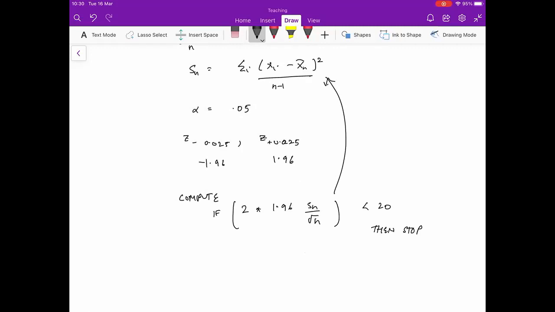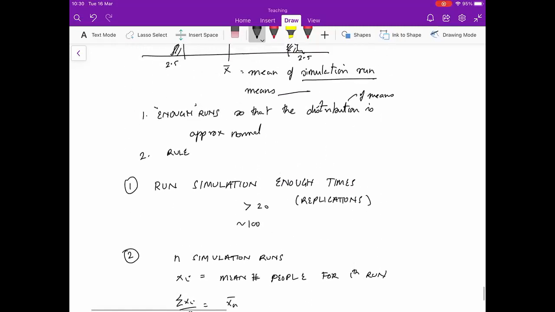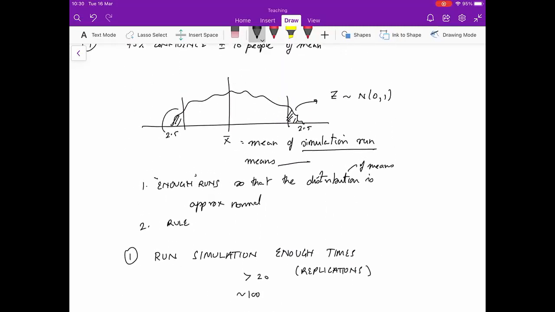That's saying that, okay, we think we have enough confidence. So the number of people in this range is less than 20, because you're plus or minus 10 on each side of the mean. So we're allowed to have plus or minus 10.